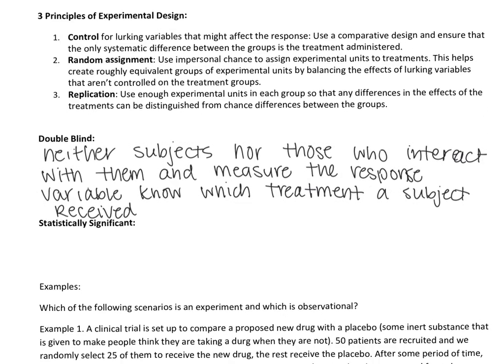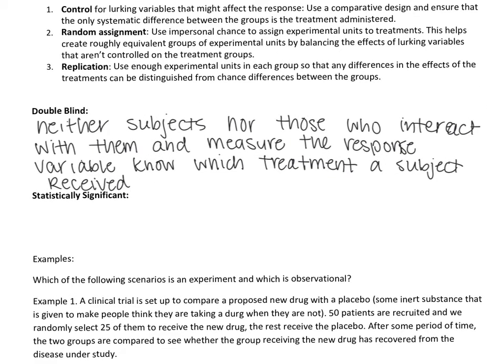So double blinds are very common to make sure that the person who's doing the experiment doesn't unnecessarily influence the results. If they know who's getting the drug, they may skew the results, and then it shows it in a better light than it actually is. So double blinds are very common.